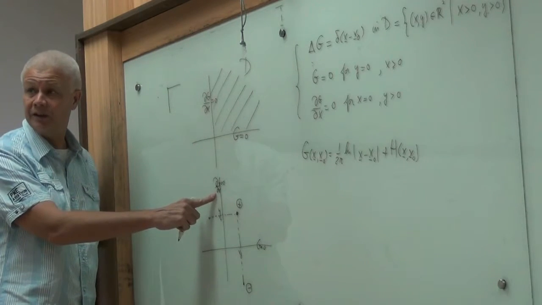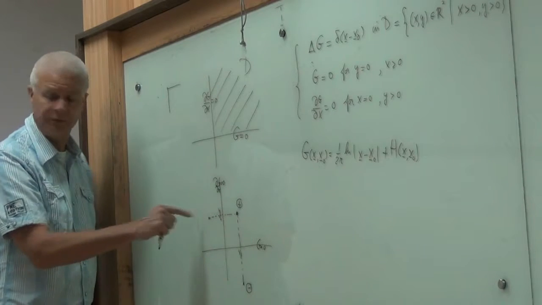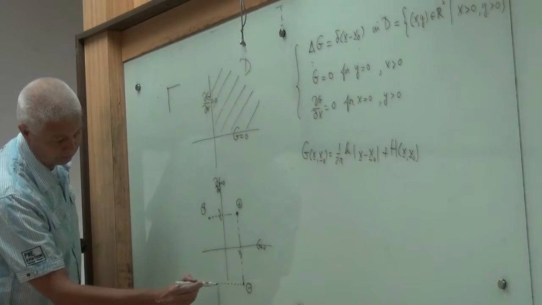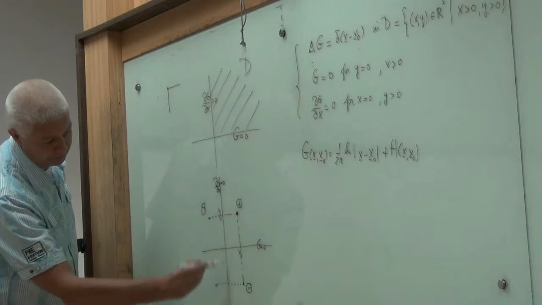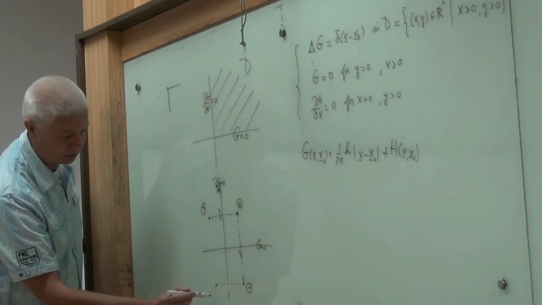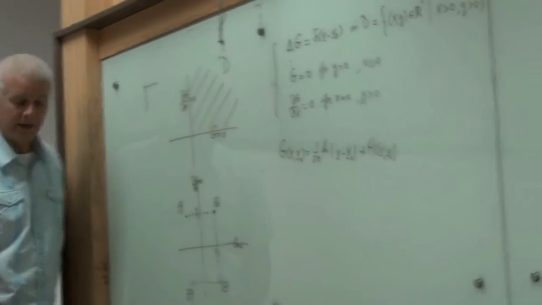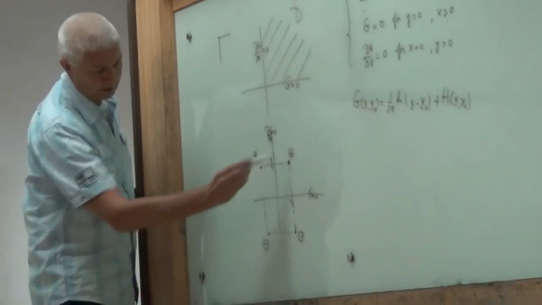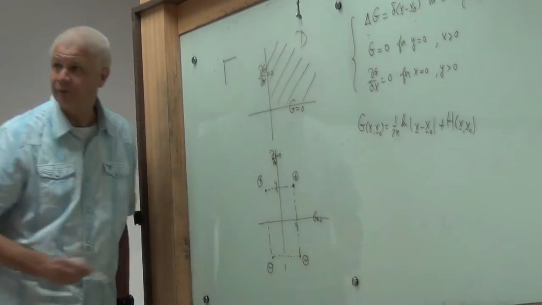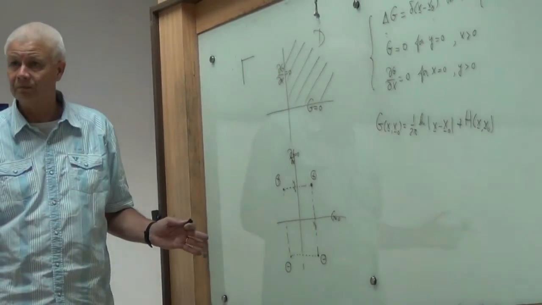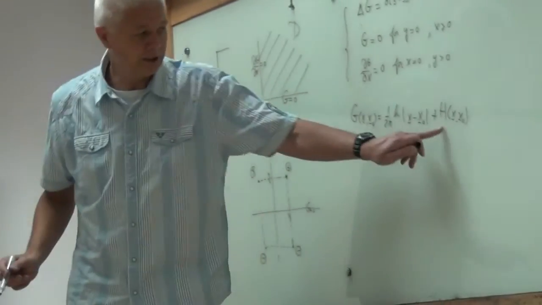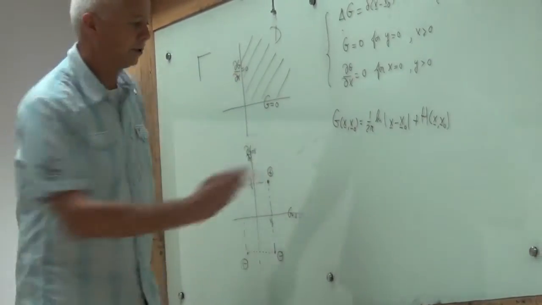Well, this is an even extension, so positive remains positive. And this is also an even extension in this line. So this is also then negative. And now you nicely see that in this line again, positive, negative, and I satisfy all conditions. So my Green's function now consists of 3 additional terms in here.